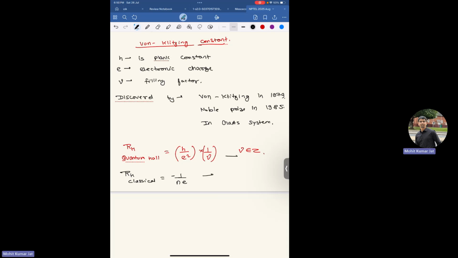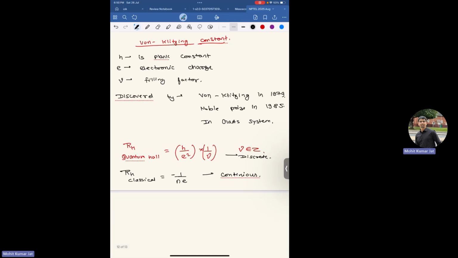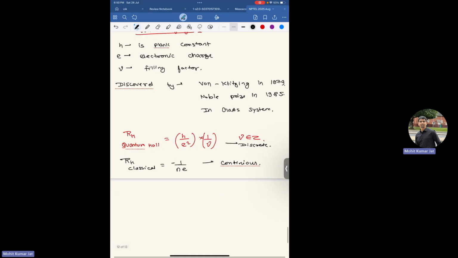This is discrete because nu will take either value 1, 2, 3, 4, but here it's continuous. It is a function of carrier density n, though in a different aspect: that one will be discrete, but this is continuous.